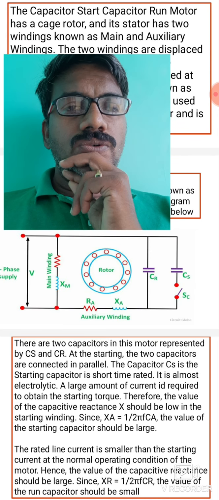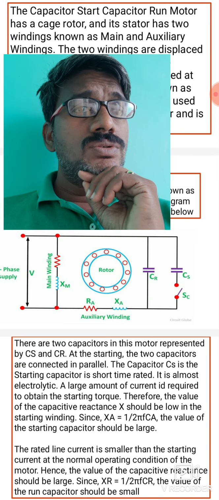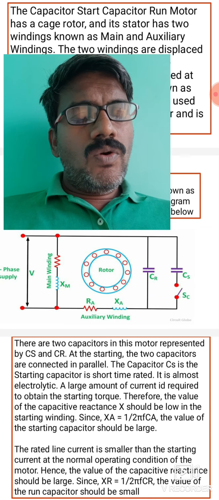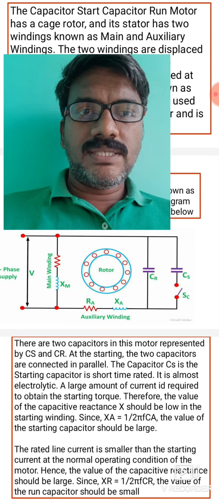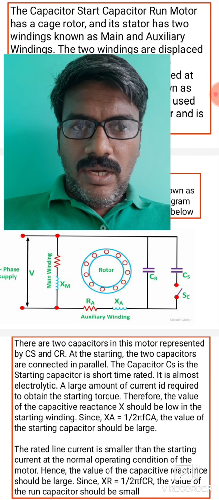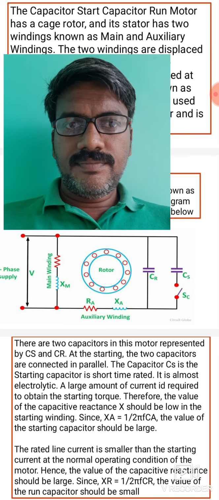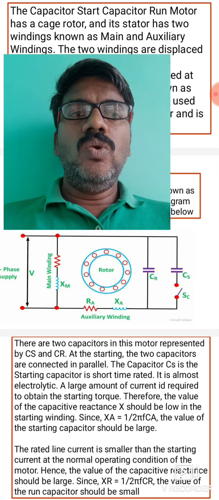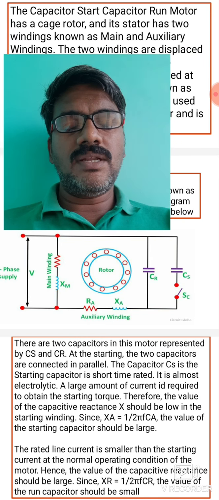If you use a high value of capacitance, it is only suitable for a short duration. That's why we use a low value capacitance in the capacitor run motor or single value capacitor motor.